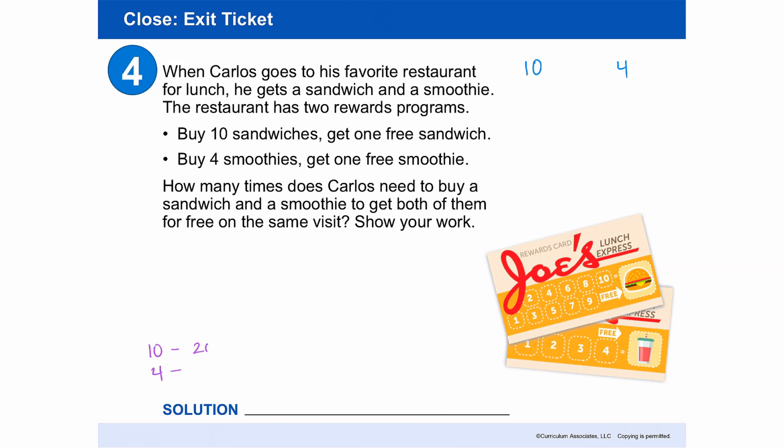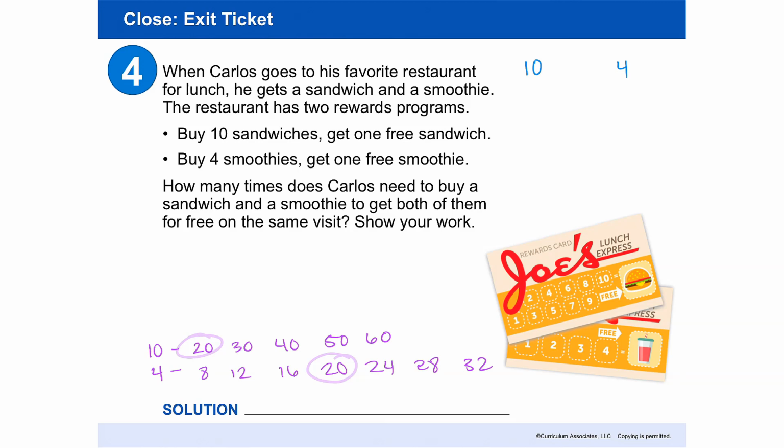So I have 10, 20, 30, 40, 50, and so on. Okay. 4, 8, 12, 16, 20, 24, 28, 32. Okay, so we're just going up a little bit. So our least common multiple, what's the smallest number that they have in common? I can see that by listing multiples, I'll have 20.